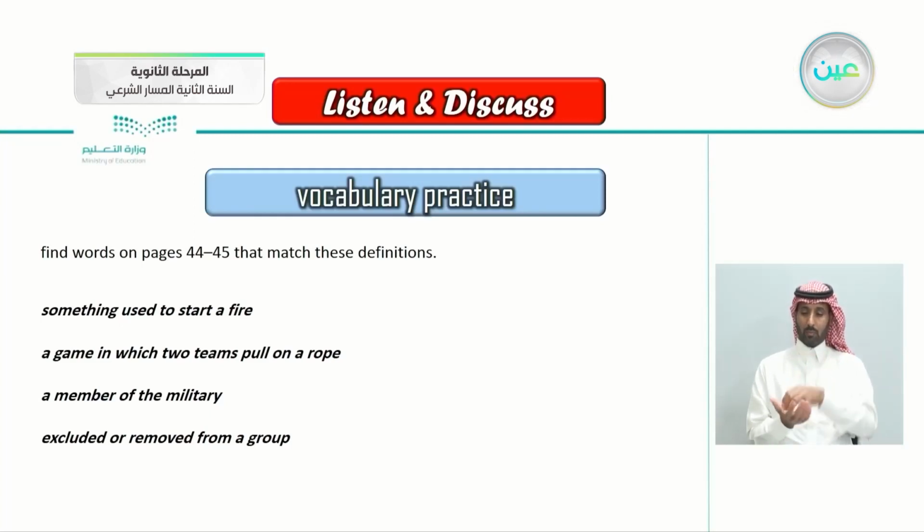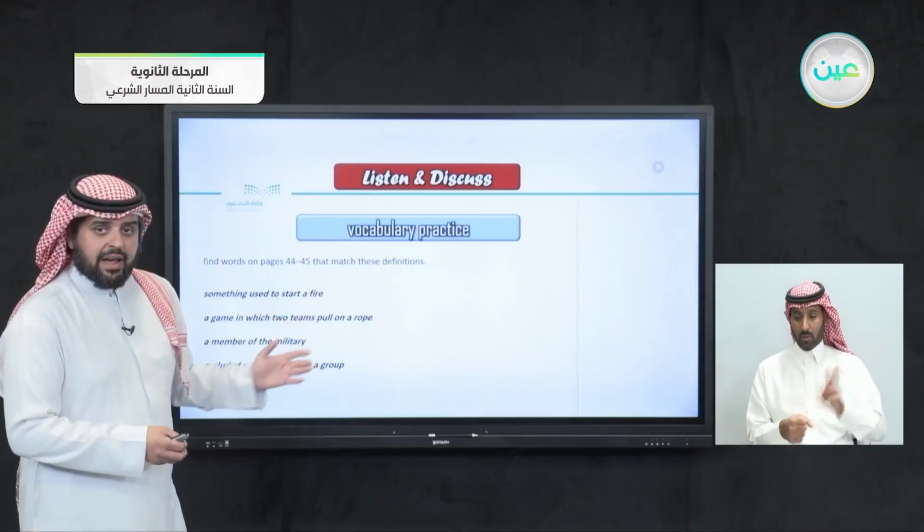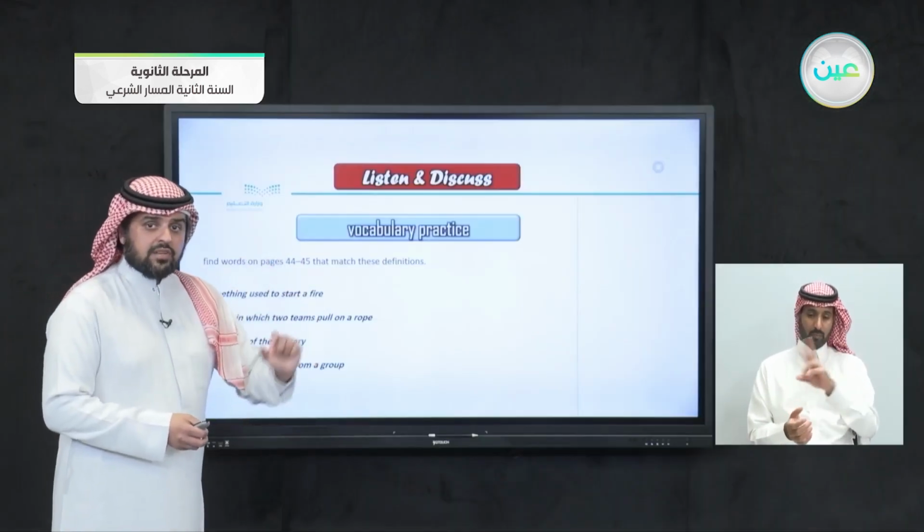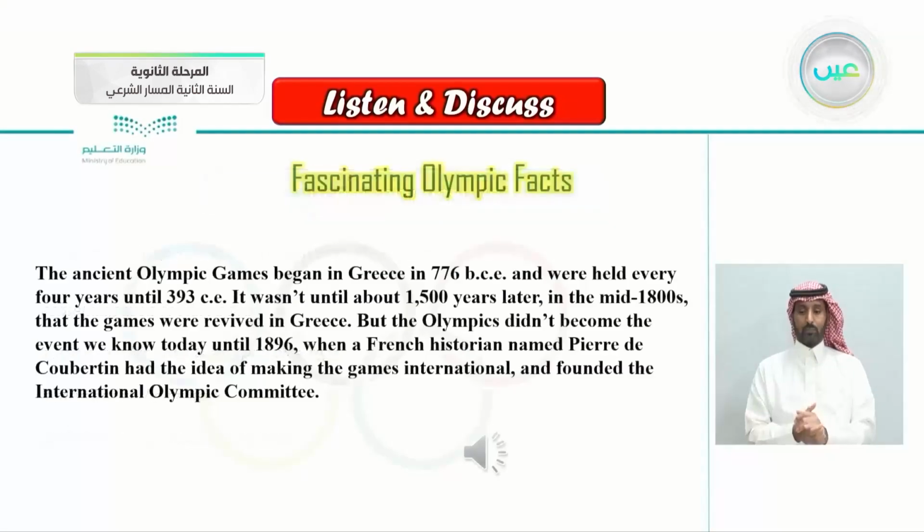Something used to start a fire, a game in which 2 teams pull a rope, a member of the military, excluded or removed from a group. So these are the definitions. We'll read it again and find the correct terms for these definitions. So let's listen again to the article.